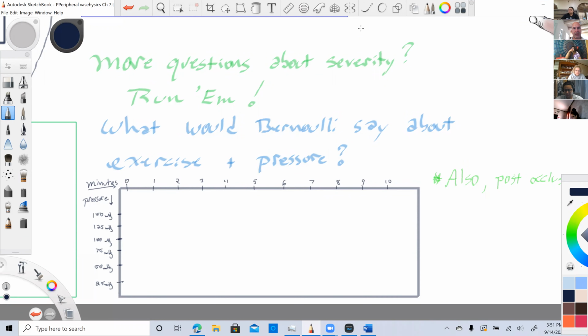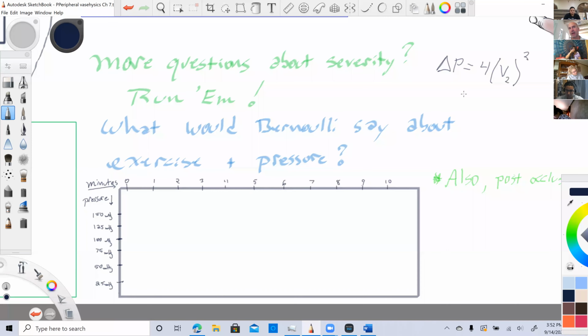And what would Bernoulli say about exercise and pressure? Delta P is equal to 4 times velocity squared.